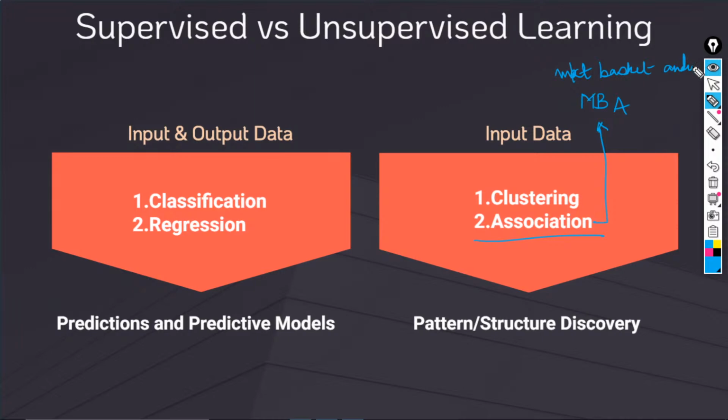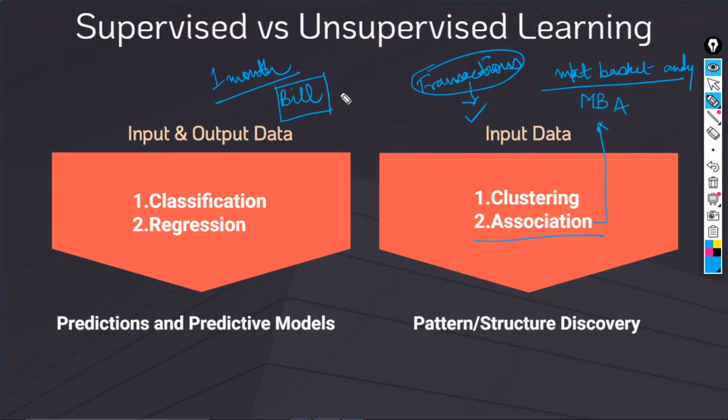This is used when your input is a list of transactions, right, guys? Now, what transactions is it? It is the transactions of probably 1 month of shopping list, or I have a bill of 1 month, and this bill gives me a list of all the transactions.